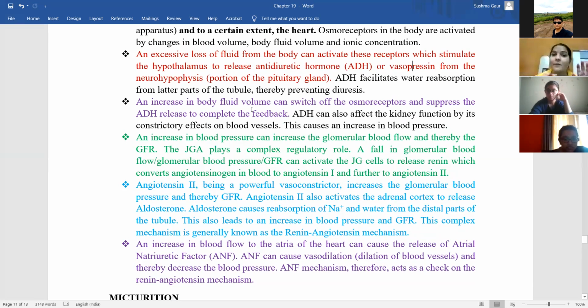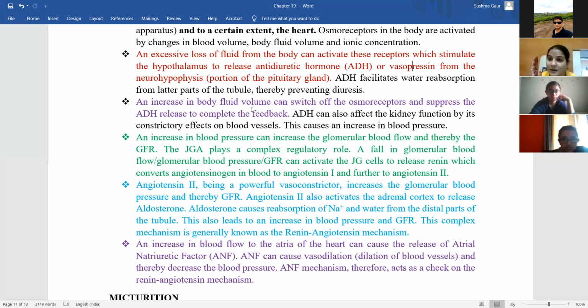We will be able to understand what you mean by complete feedback. If body fluid is lost in excess, then antidiuretic hormone will reabsorb all the materials and prevent diuresis. Now if body fluid is increased, then these osmoreceptors can be switched off, so that this antidiuretic hormone will not be released. The release of the antidiuretic hormone is suppressed.